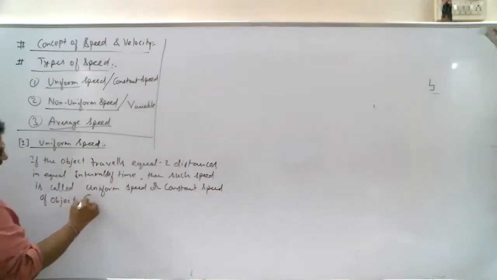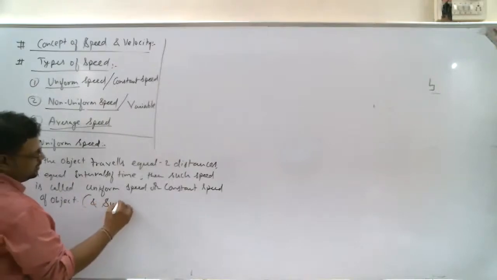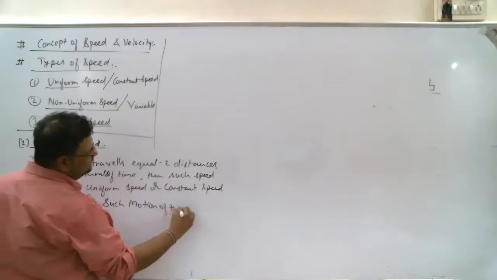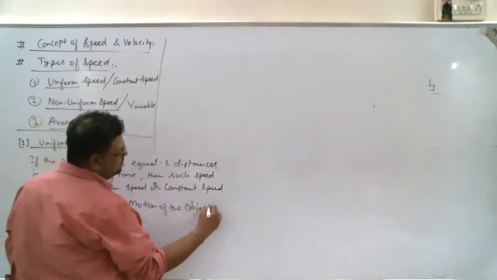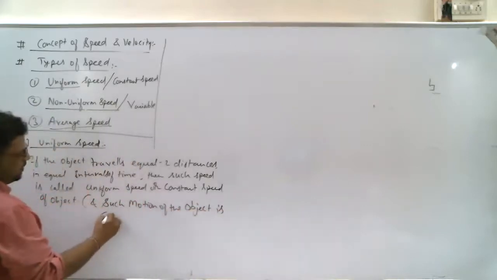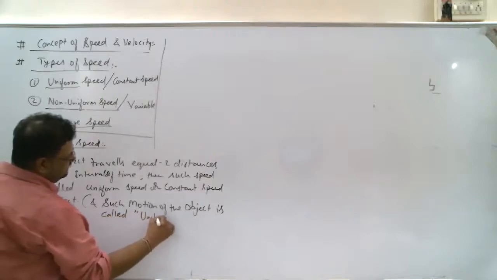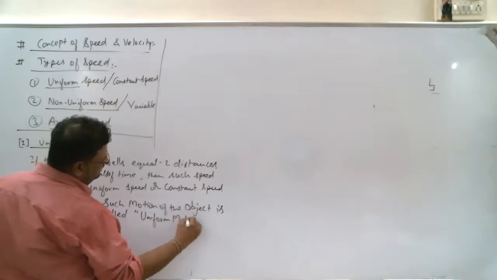And such motion of the object is called uniform motion. So now I have defined the term uniform motion.